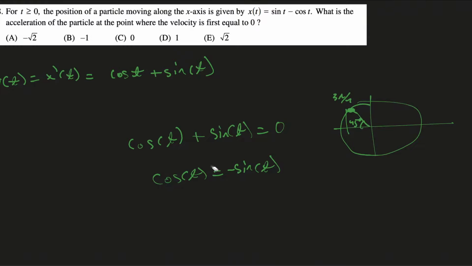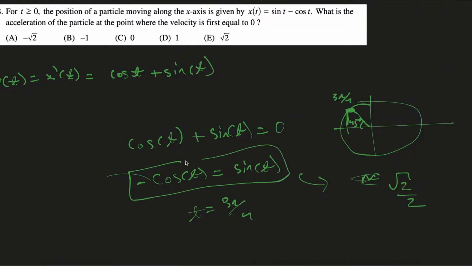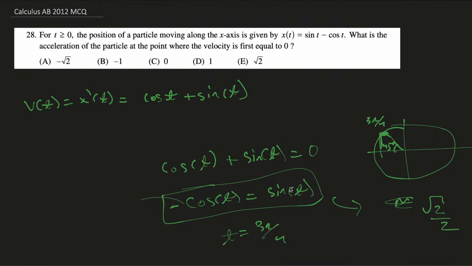So technically, sine of t is the opposite of cosine of t at t equals 3 pi over 4, right? Because the sine would be radical 2 over 2 and cosine would be negative radical 2 over 2. So this condition is satisfied when t equals 3 pi over 4.